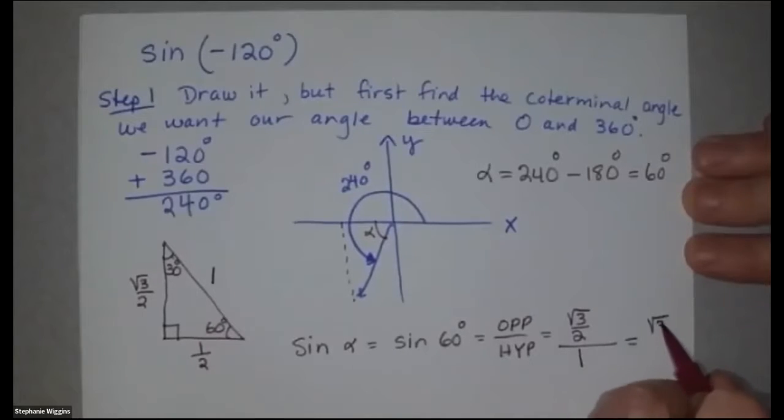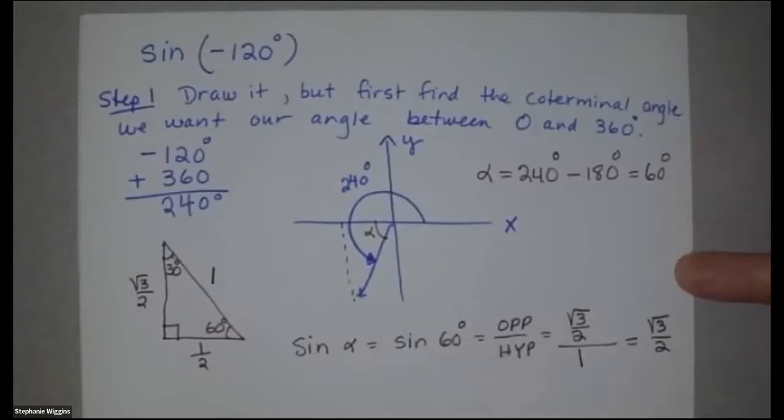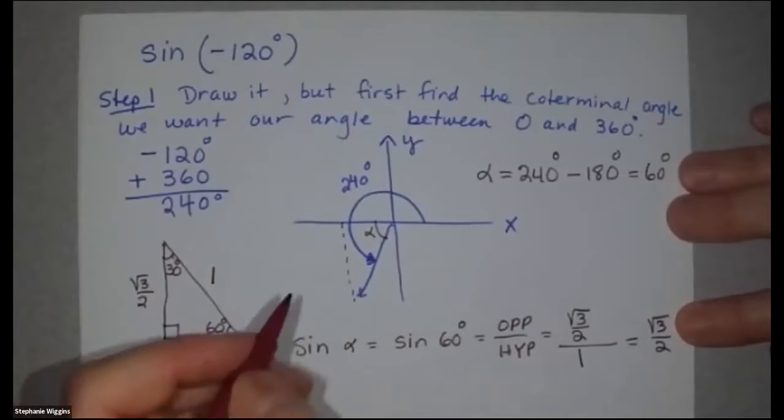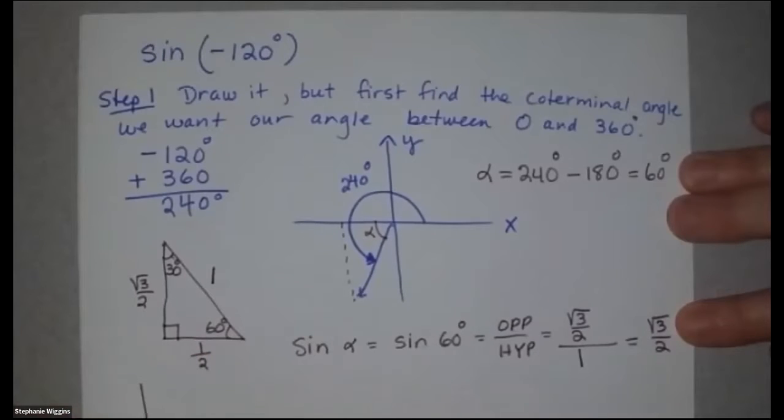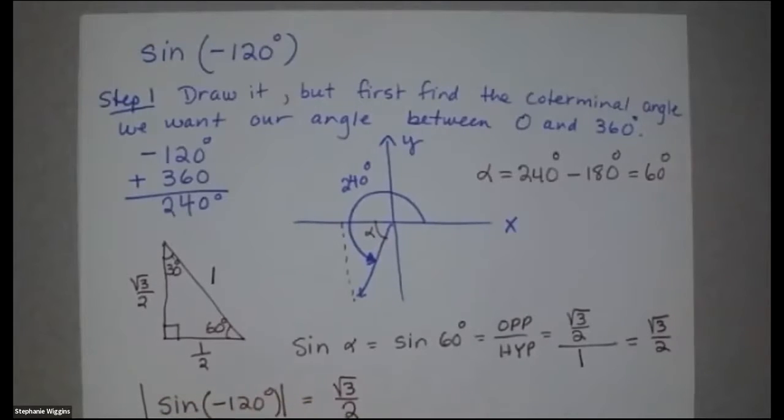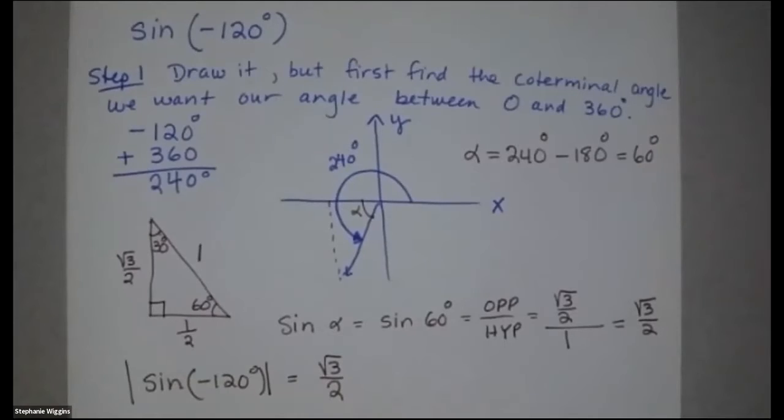So this is just square root of 3 over 2. This is the absolute value of, okay, so we found the absolute value of sine of negative 120 degrees. Now we need to find the sign, S-I-G-N, okay?